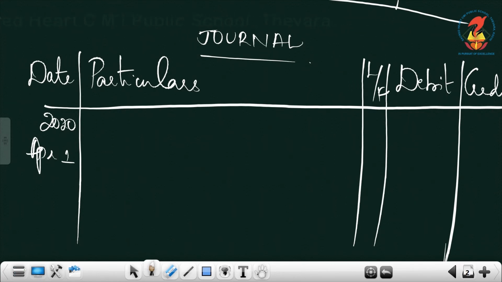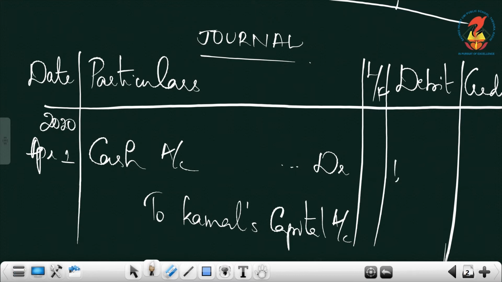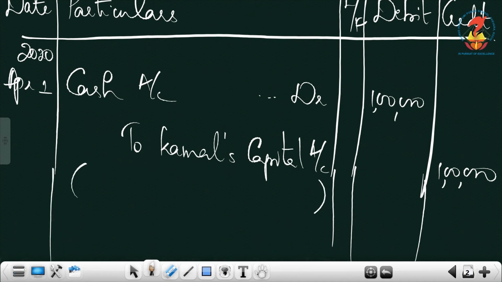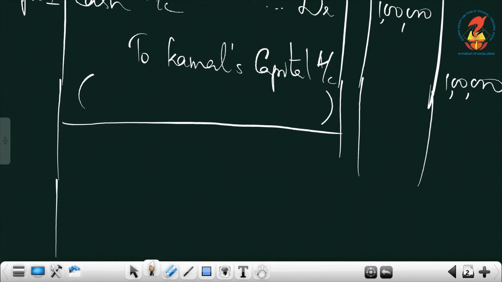Kamal started business with cash, so you can write cash account debtor to capital, or you can specify the owner's name. It is Kamal's capital account. To capital is also correct. Cash account debtor to Kamal's capital, the amount is 1 lakh. Now we have to write the narration, that is, started business with cash. I am not writing the narrations now, you know how to write the narration, so that you write.